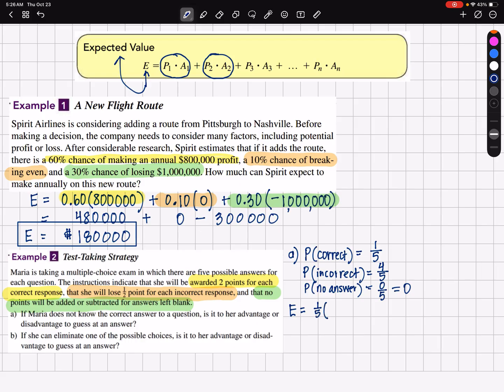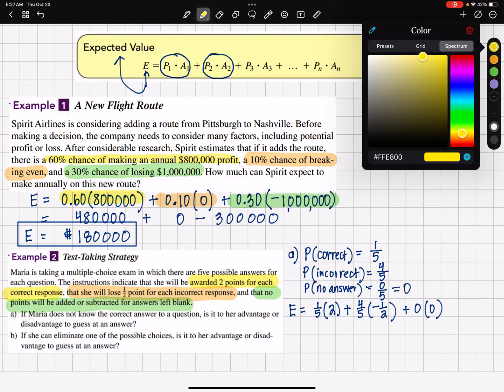I can either put 1 out of 5 times 2 points plus 4 out of 5 for negative 1/2 point, because losing a point would be a negative. And then 0 out of 5 gives you 0 points. So not choosing anything gives you 0 points.